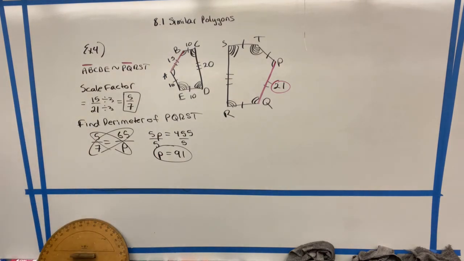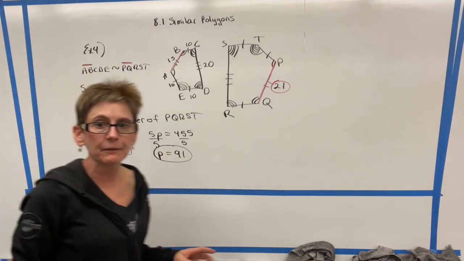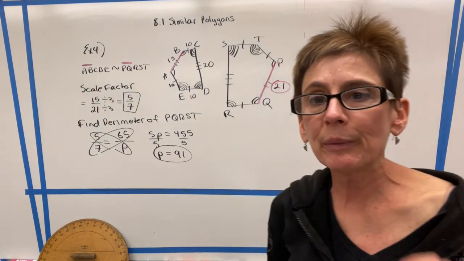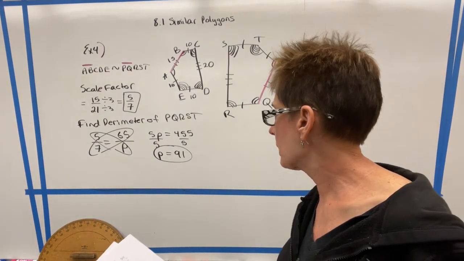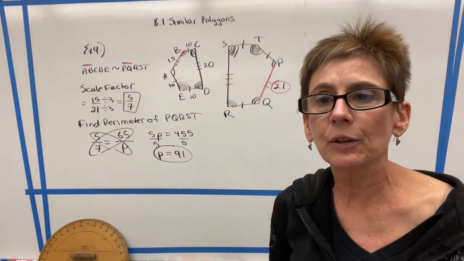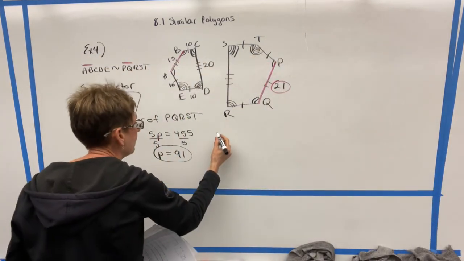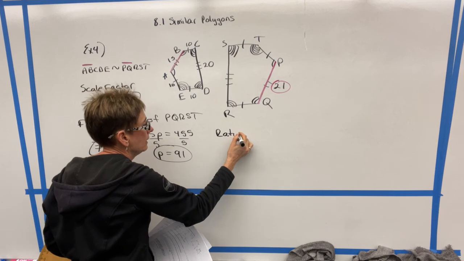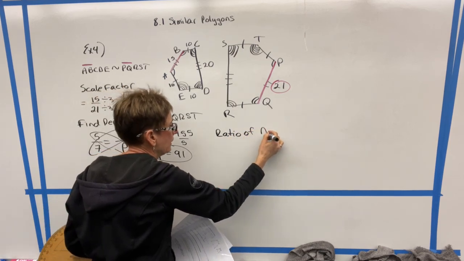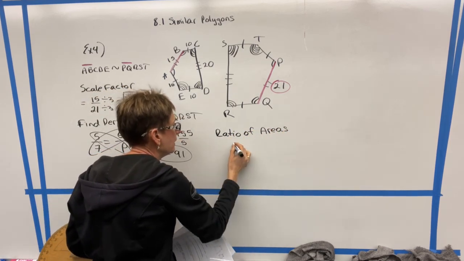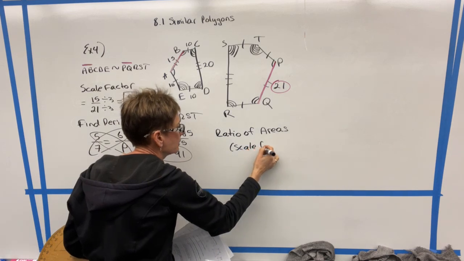So even though we didn't have all the sides of that second figure, we could still find the perimeter because we were comparing the ratio of the sides to the ratio of the perimeters. Now, we can also find the ratio of the areas. The ratio of the areas is going to be the scale factor squared.